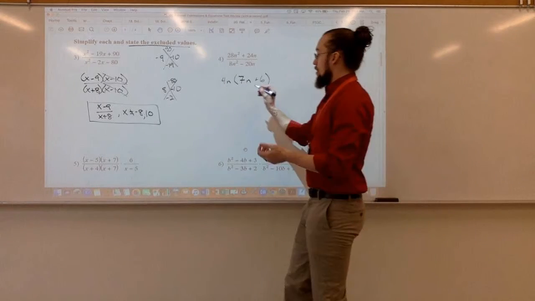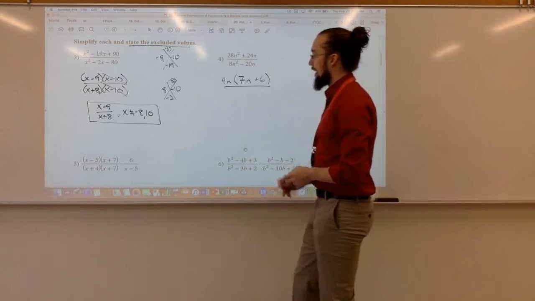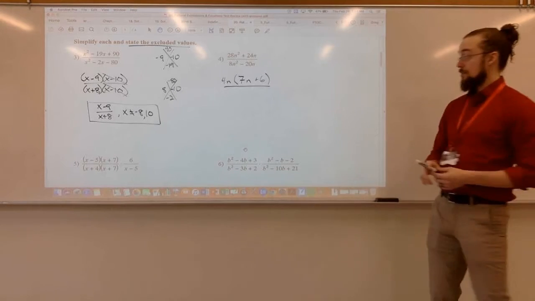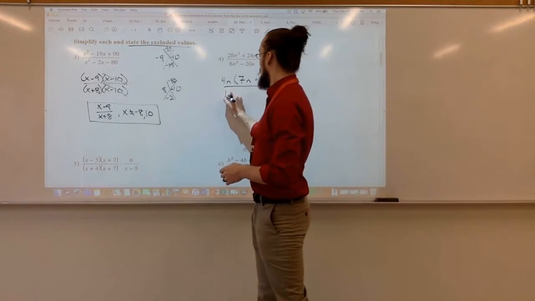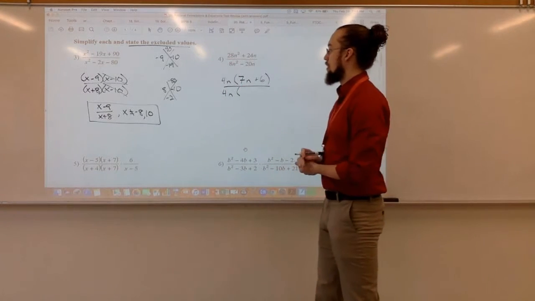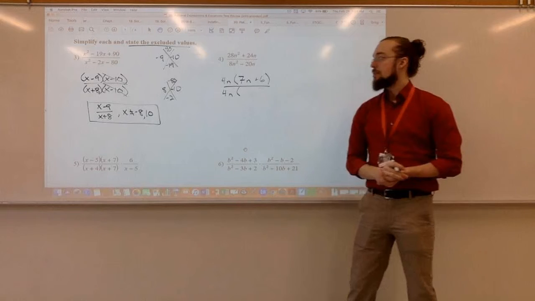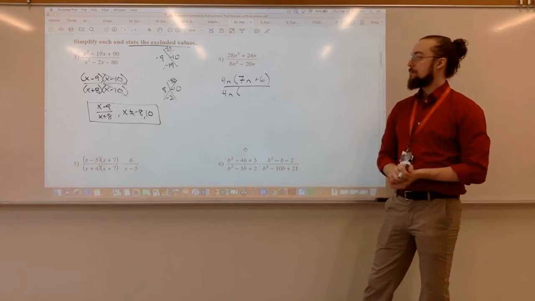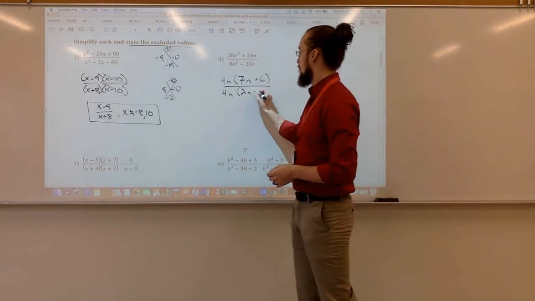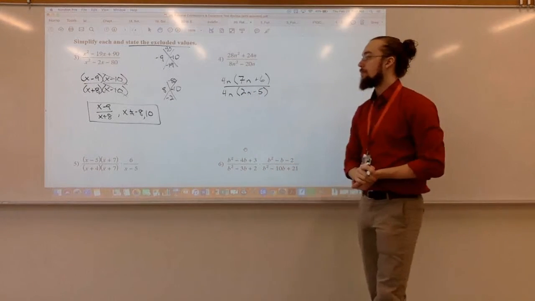Now in the denominator, what can I take out of both 8n squared and negative 20n? I can take a 4 out of the numbers, and I can take an n out of both of those as well. And then what am I left with? 2n minus 5.